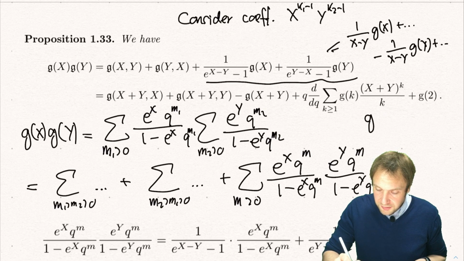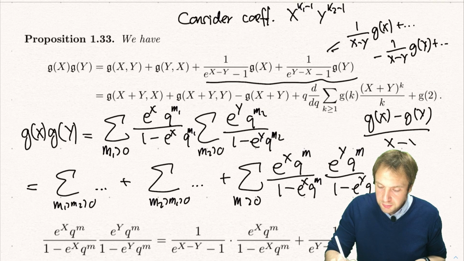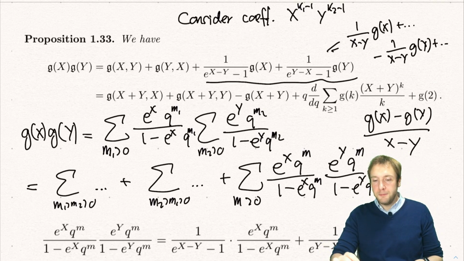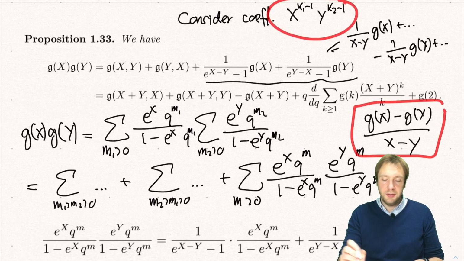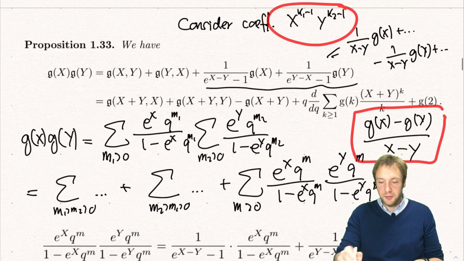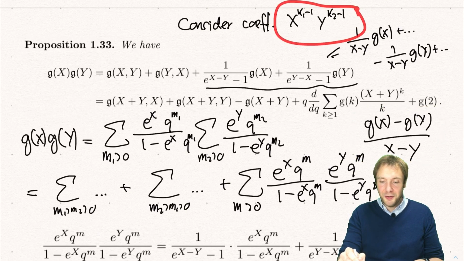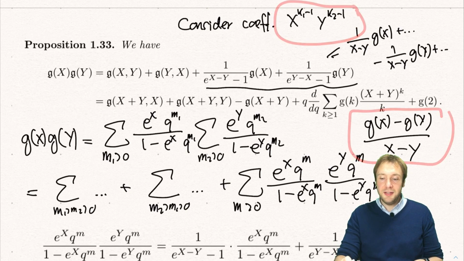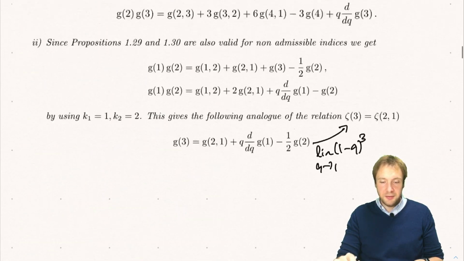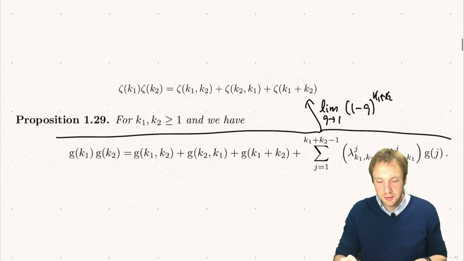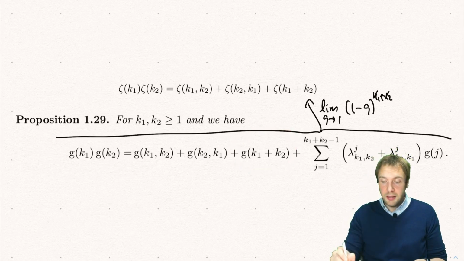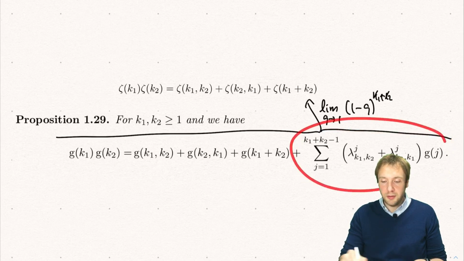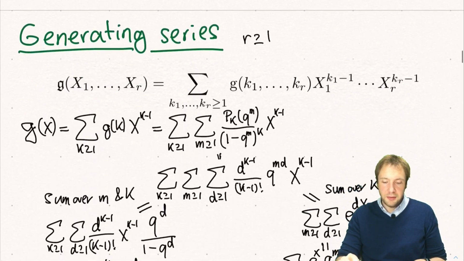Then you need to see that this term here actually doesn't have a pole in the case x equals y, and you need to evaluate this and consider what is the coefficient of this monomial in this series here, and you will find out that this exactly gives this k1 plus k2 part, and the remaining things without poles will give these fancy lambdas.